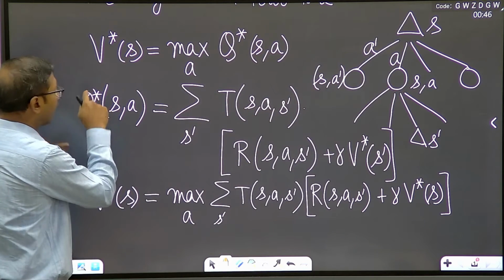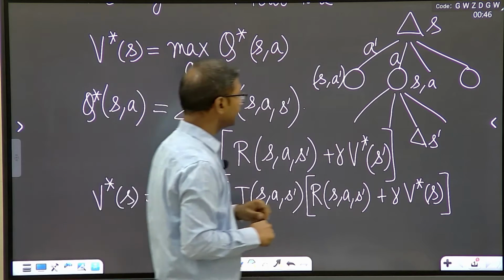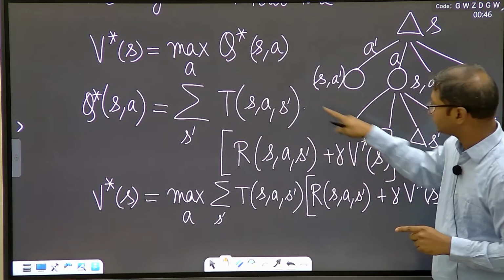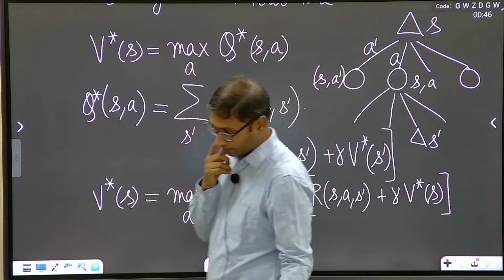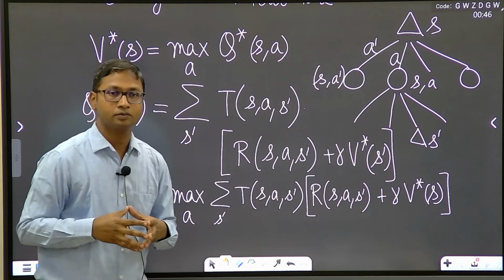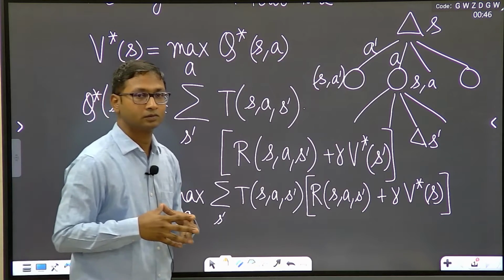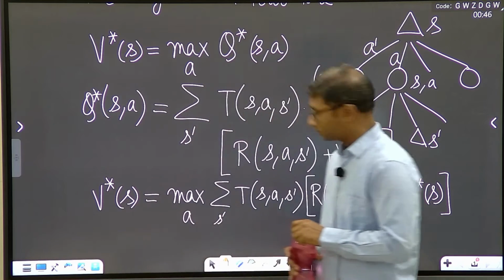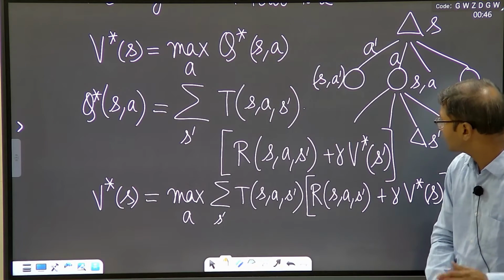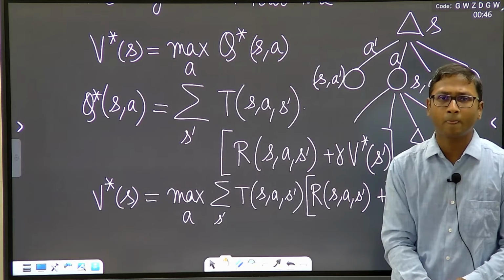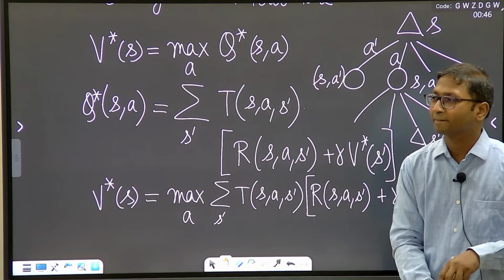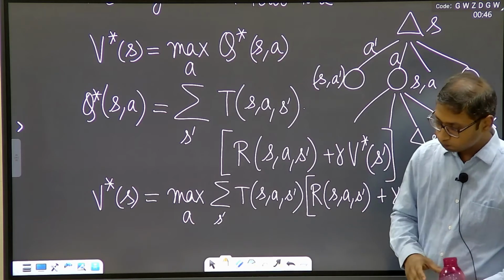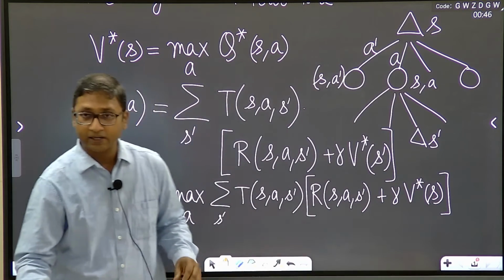And then how do you compute Q star SA? What was this whole thing? So, which equations are these, by the way? What was the name? Right, Bellman equations. And what are they modeling?